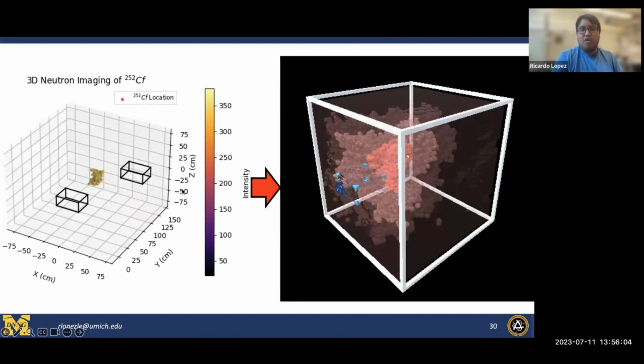over on the left is an example of a measurement I did with the HUDPIs, which is located here as this black outline. In position 1 and position 2, we were measuring a Californium source placed here, and it's represented by this red sphere.